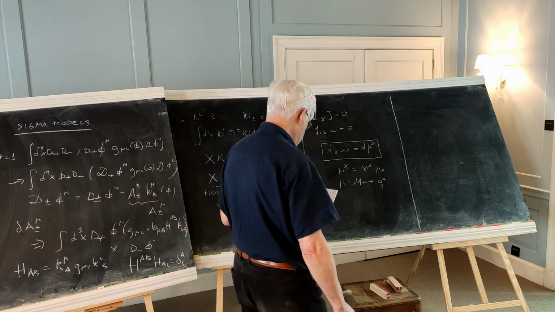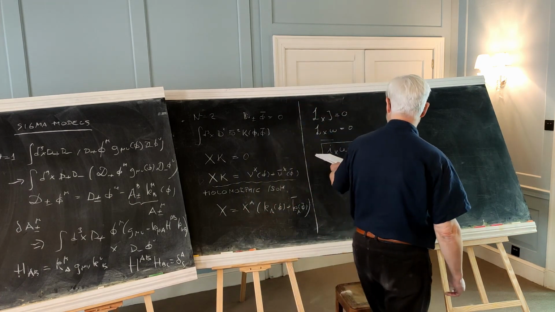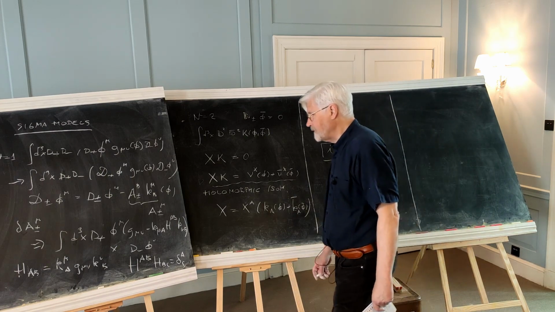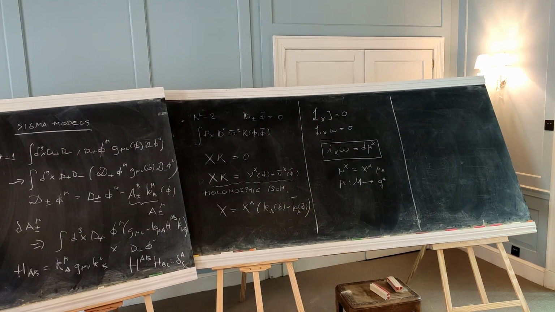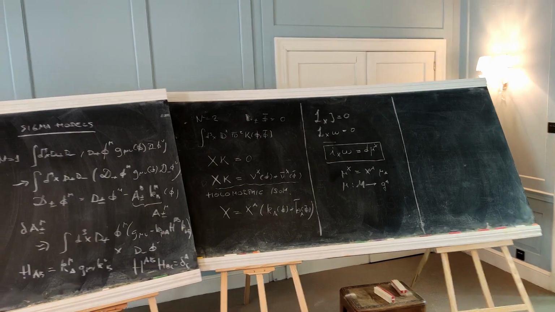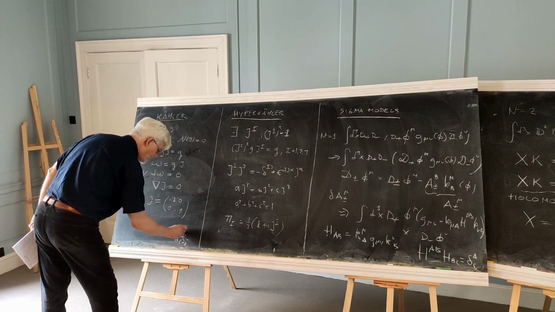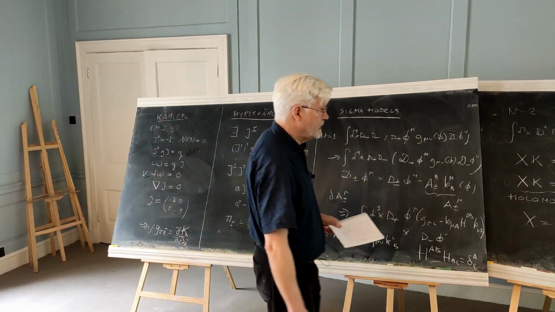Okay, so let's write this out in the coordinates where we have the metric look like this. This is a K, a potential.